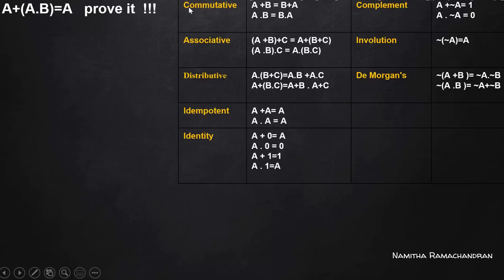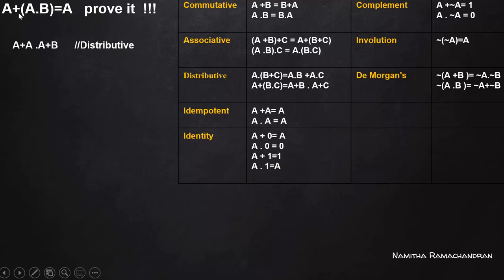We can consider the other part of absorption law, that is A or (A and B) is equal to A. We need to prove it. We can again use these other laws. First, we can apply this distributive law. That means A or (A and B).